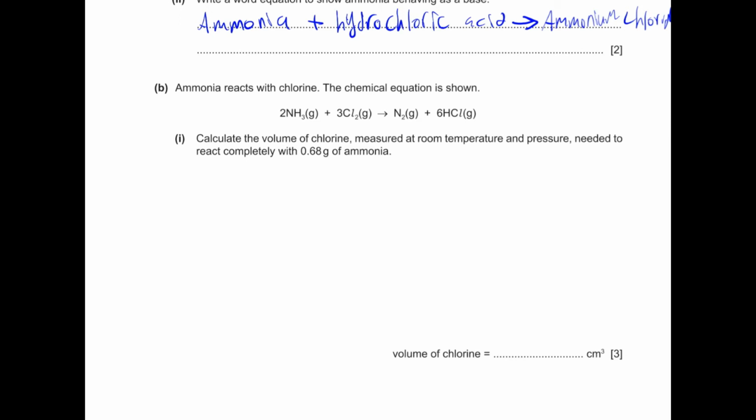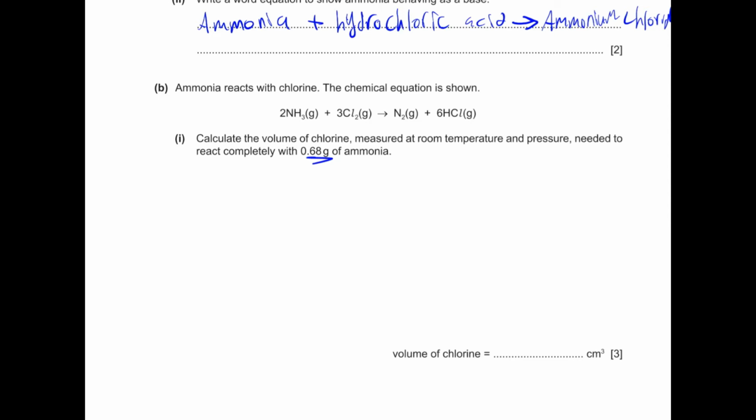B. Ammonia reacts with chlorine. The chemical equation is shown. So that's the chemical equation over here. 2NH3 plus 3Cl2 gives us N2 plus 6HCl. Calculate the volume of chlorine measured at room temperature and pressure needed to react completely with 0.68 grams of ammonia.